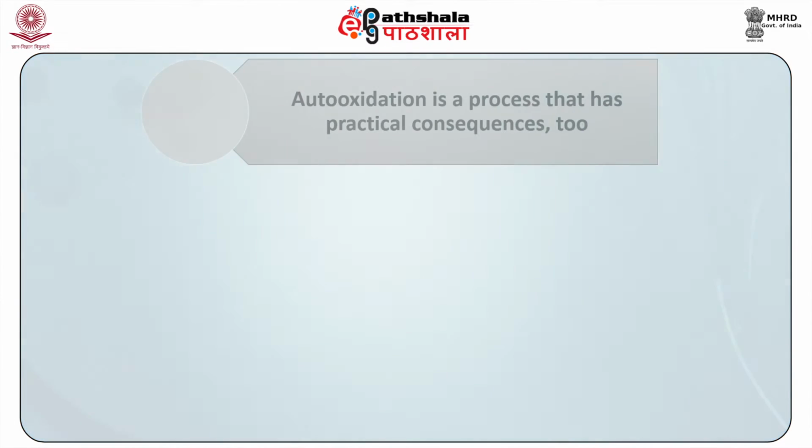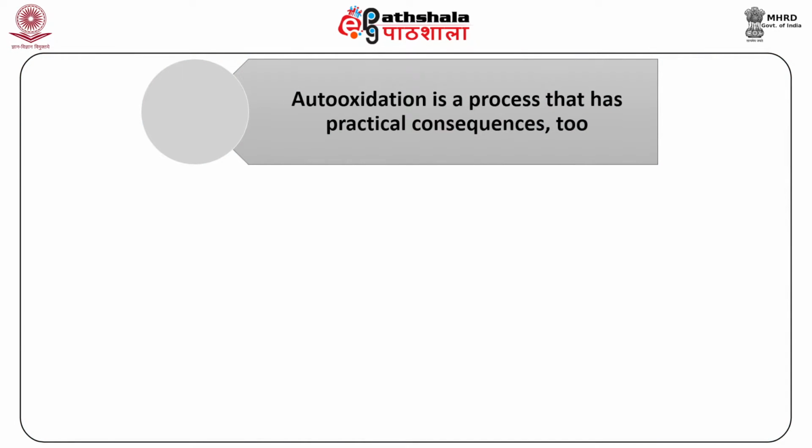Compounds especially susceptible to auto-oxidation are benzylic and allylic compounds as well as ethers, amines and similar compounds containing heteroatoms. All these compounds readily form radicals. Auto-oxidation is a process that has practical consequences too.